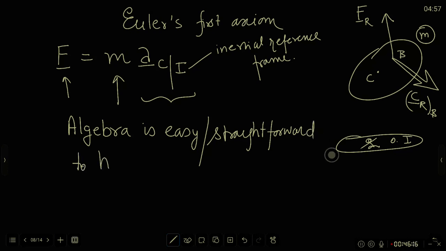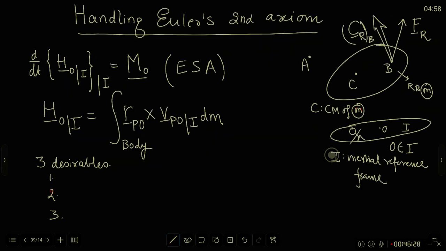However, when you go to Euler's second axiom, even though we may not realize it right now, just looking at this equation, I'm telling you it is not straightforward to deal with this equation. The reason is handling this term. What is this term?